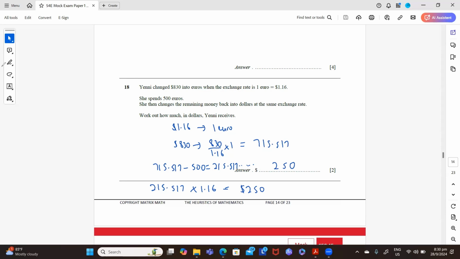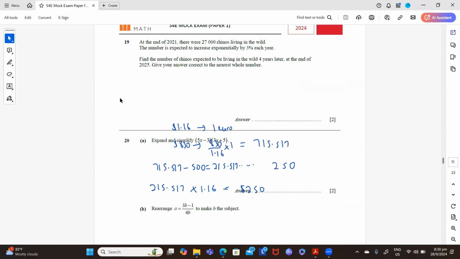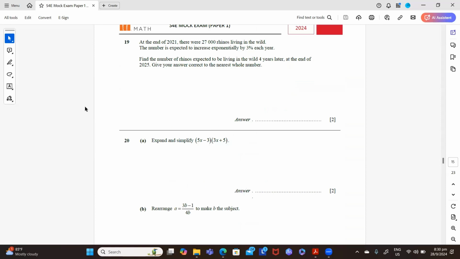All right. Question 19. If you read this question right, at the end of 2021, there were 27,000 rhinos living in the wild. Then the numbers are expected to increase exponentially by 3% each year. So if you realize that this is actually increasing in terms of compound interest, you know the compound interest formula, right?